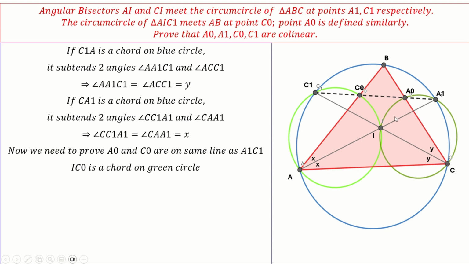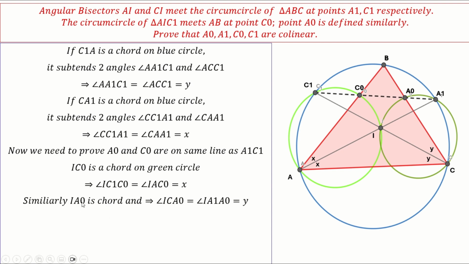Similarly, IA0, if you take IA0, this chord, this is subtending an angle of Y here, ICA0, angle Y. IA1A0 is also angle Y. Previously we already proved this is angle Y. Now, with this chord also, we are proving this is angle Y, which means A0 lies on C1A1.